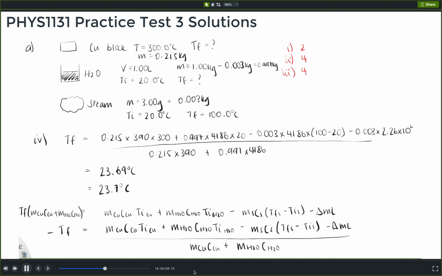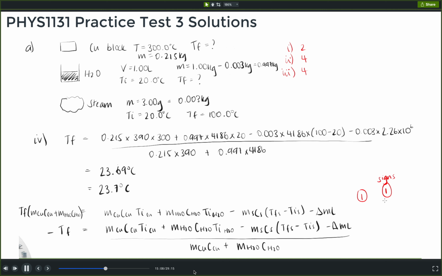Now, marking for this question: if you got the original equation, where before we started rearranging it, you got a mark for that. If you got all the signs correct, you got a mark for that. If you then rearranged everything and got to the correct answer, you got 2 marks for that.